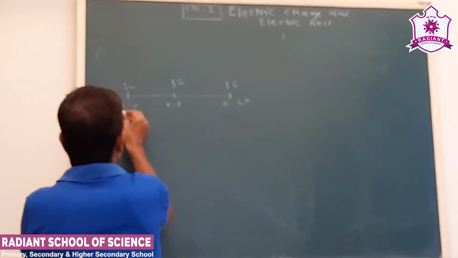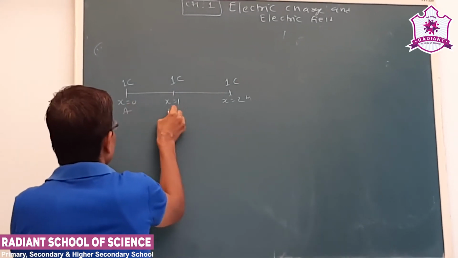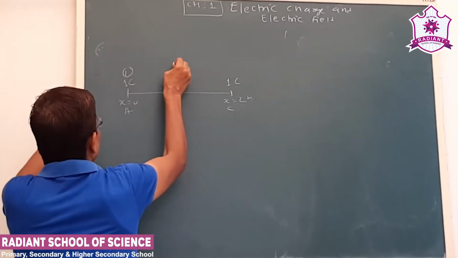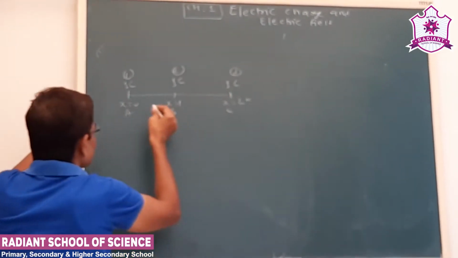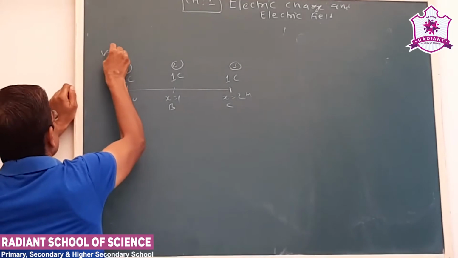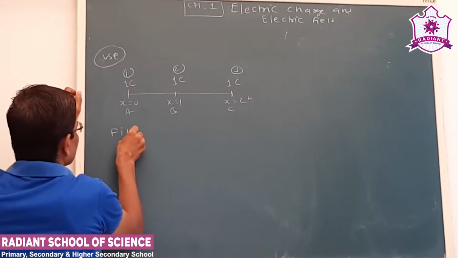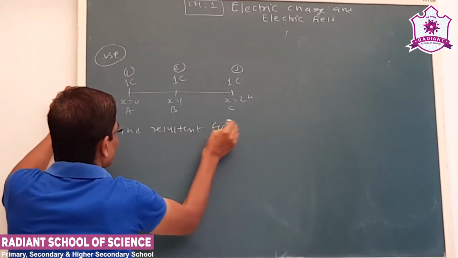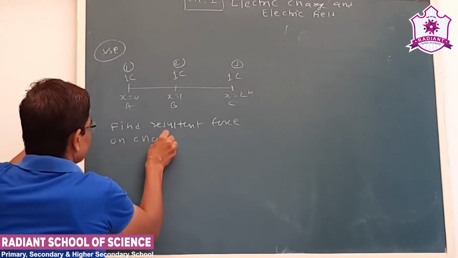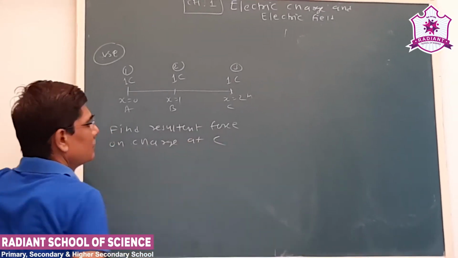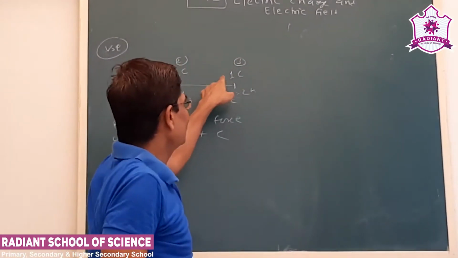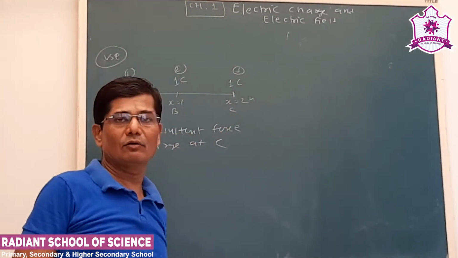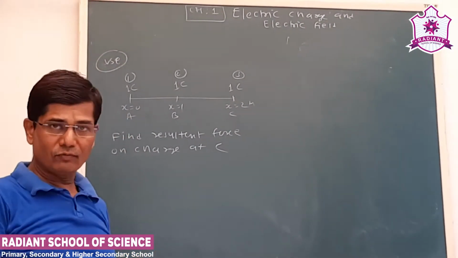Now let us say we call them A, B, and C. Now we have to find the resultant force at C. Now this third charge is also 1 coulomb magnitude, each one is of 1 magnitude.